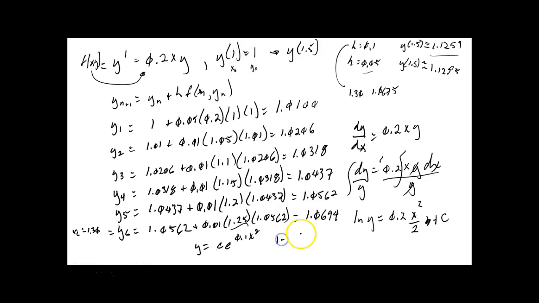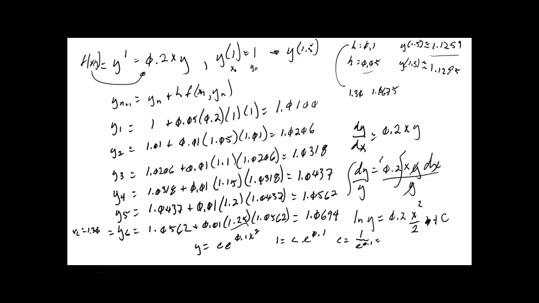So 1 is equal to c e to the 0.1, and so c is equal to 1 over e to the 0.1.